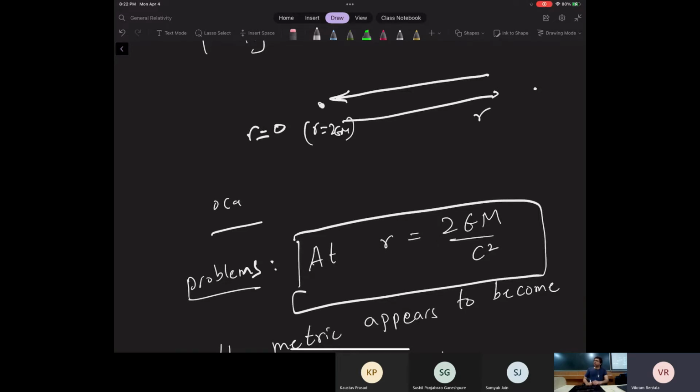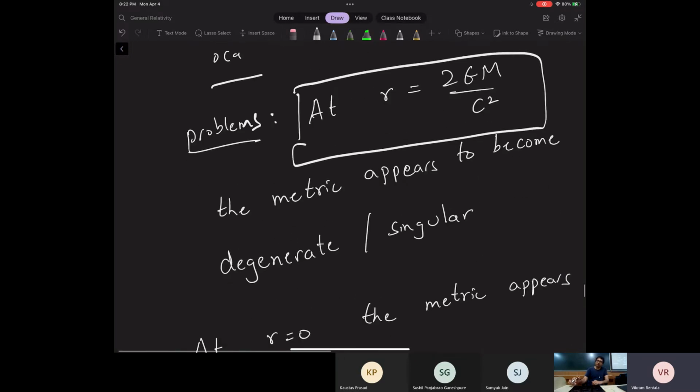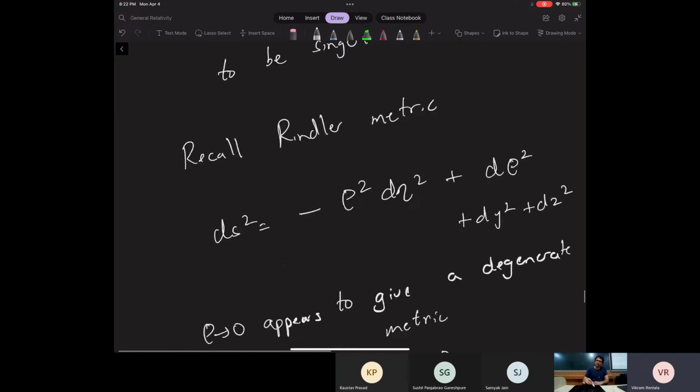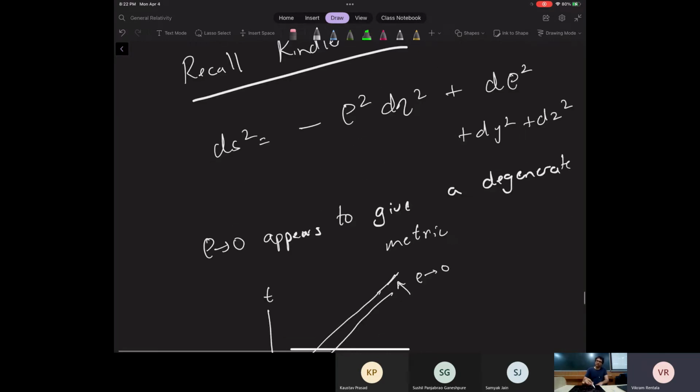So now the point is, what does it mean that you have to stop here, that you can't go beyond this point? Well, let's recall what happened in Rindler coordinates. In Rindler coordinates, our metric was of this form: ds squared is minus rho squared d eta squared plus d rho squared plus dy squared plus dz squared.